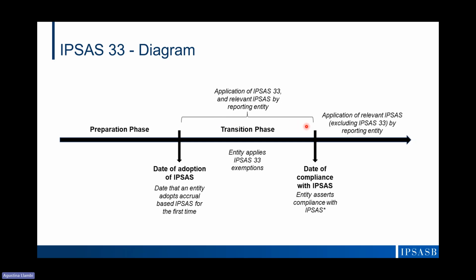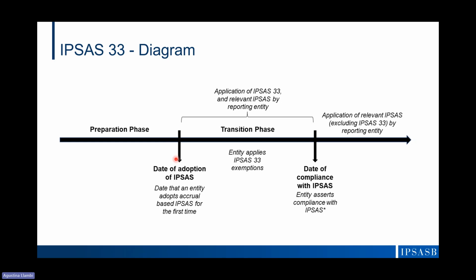And therefore it created confusion because entities will start getting their registry of assets and liabilities ready, start the implementation of IT, like an accounting system, start training their staff, and they will start applying IPSAS 33. And then therefore, they will run out of time, right? The 3 years will go by quickly because you needed to do that work ahead of it. So that was one of the challenges.